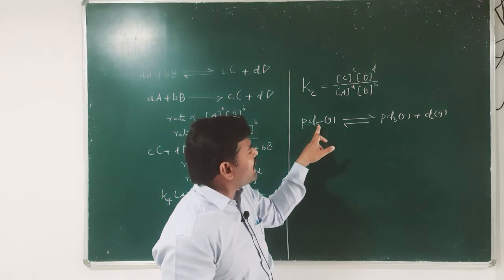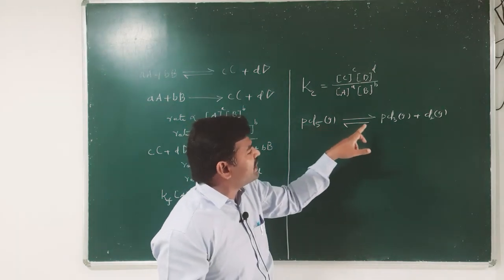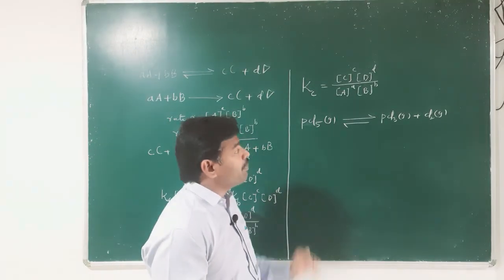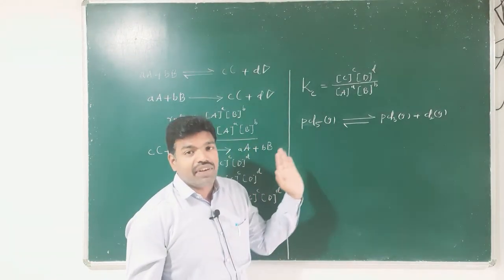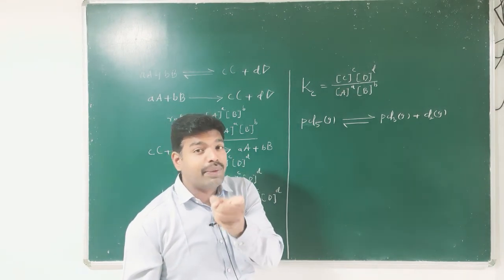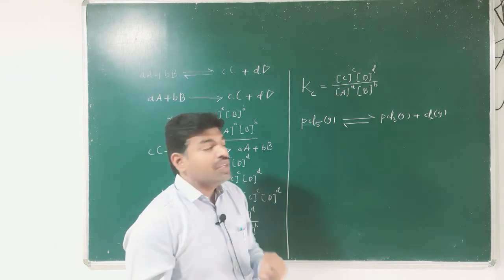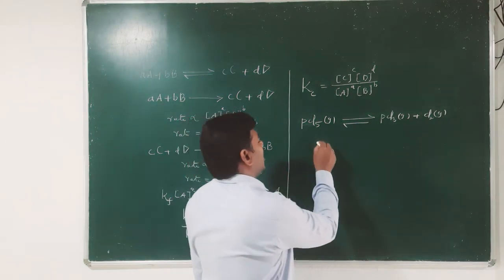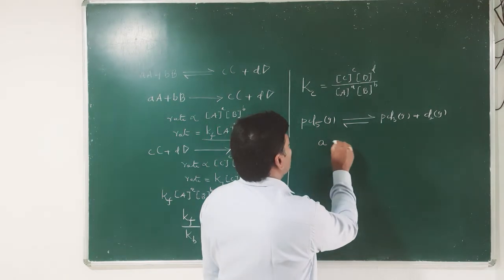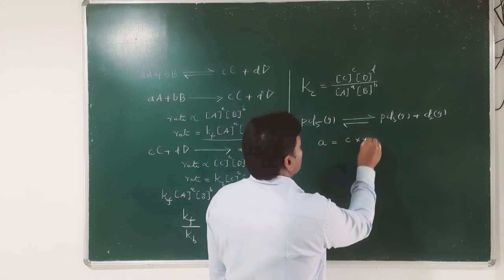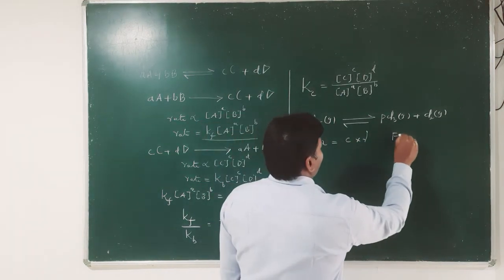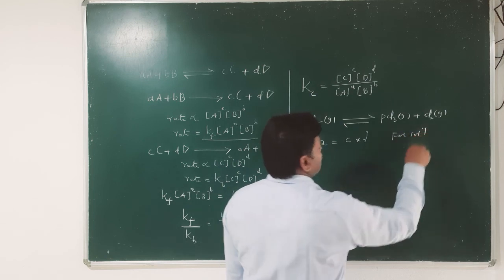So, for this reaction, PCl5 gives rise to PCl3 plus Cl2 gas. This is a gaseous reaction. How can we represent the equilibrium constant for this reaction? First, you should know one thing that I already told you in lecture 30. Equilibrium concentrations are expressed in activities, that is, activity is equal to actual concentration times activity coefficient for solutions.